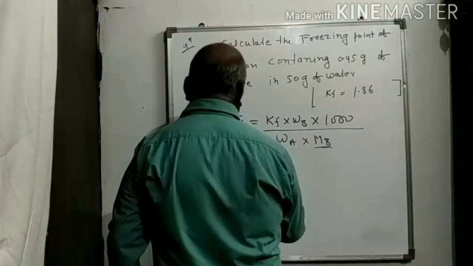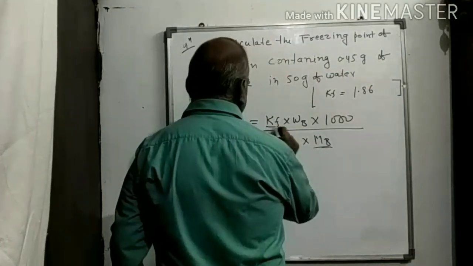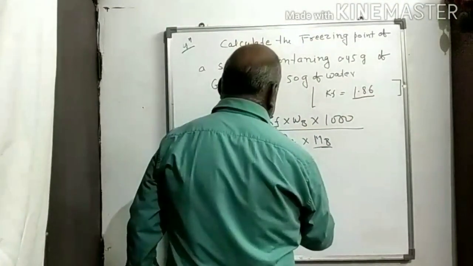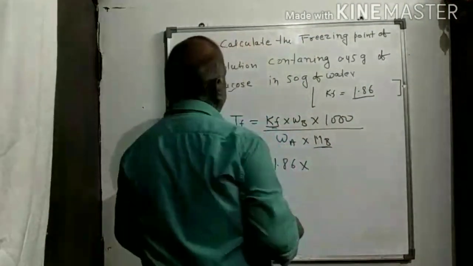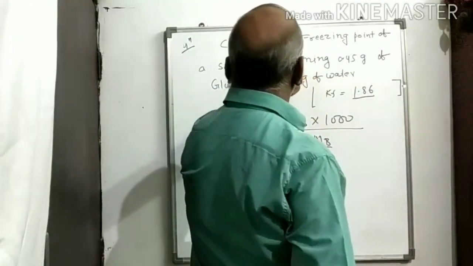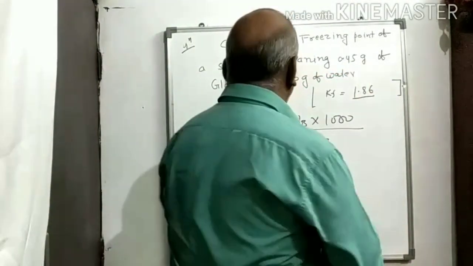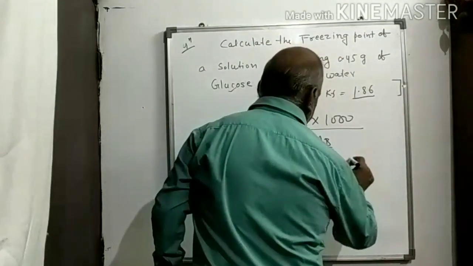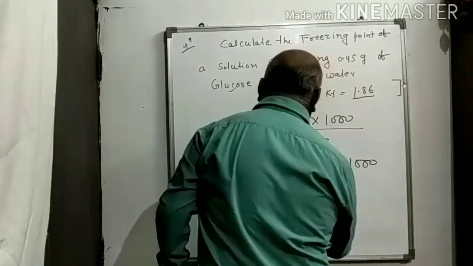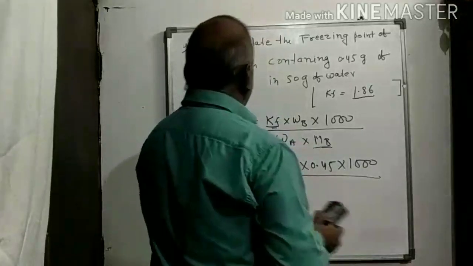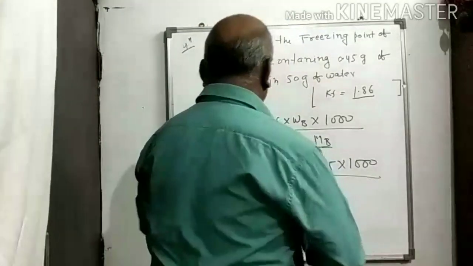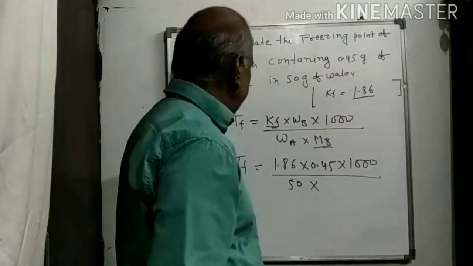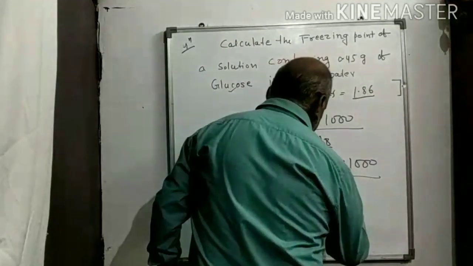Delta Tf is equal to Kf. Kf is the given constant, which is 1.86, into WB. WB is 0.45, 0.45 into 1000 divided by WA. WA means 50 gram of water, 50 into MB. MB you have calculated here, that is 180.